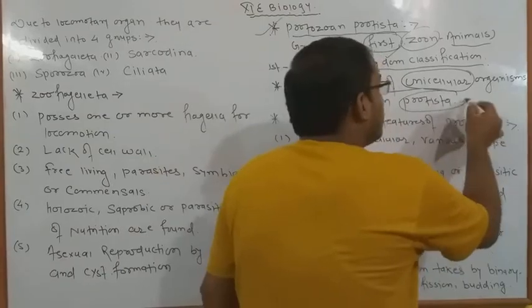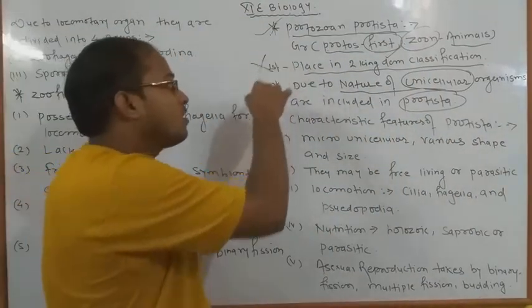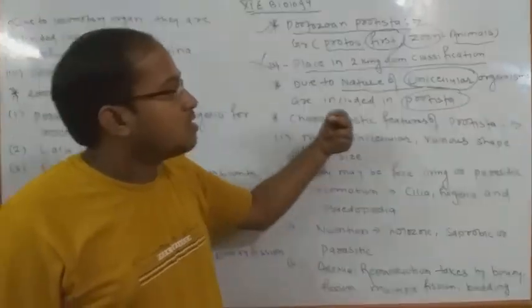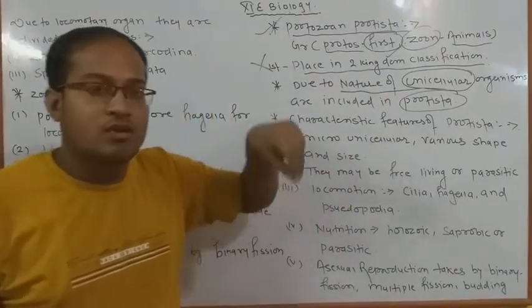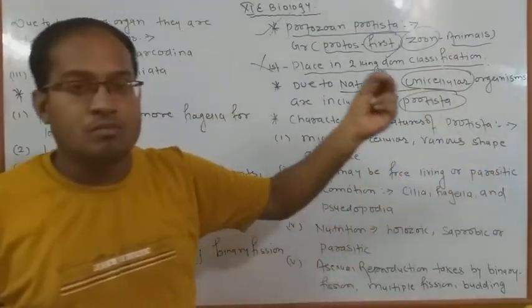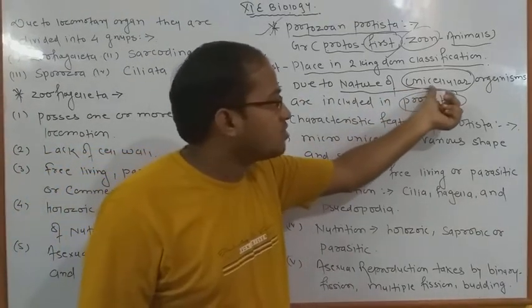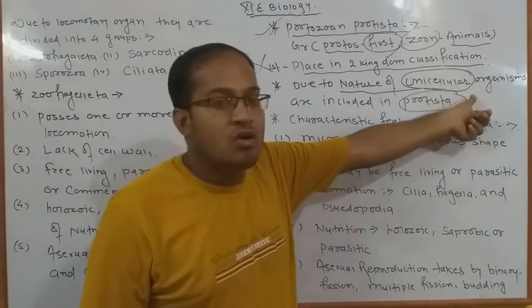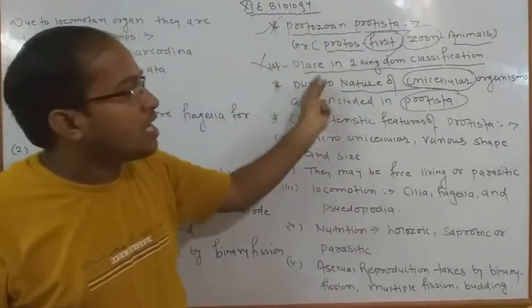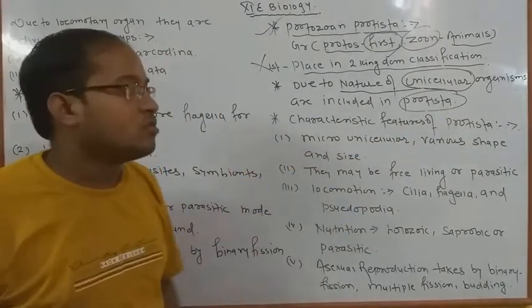It means the two kingdom classification assumption was wrong here. Later on, scientists gave the exact definition regarding unicellular organisms, which applies to protozoan protista. They are placed under the protista group. Okay, most important, you have to note down.